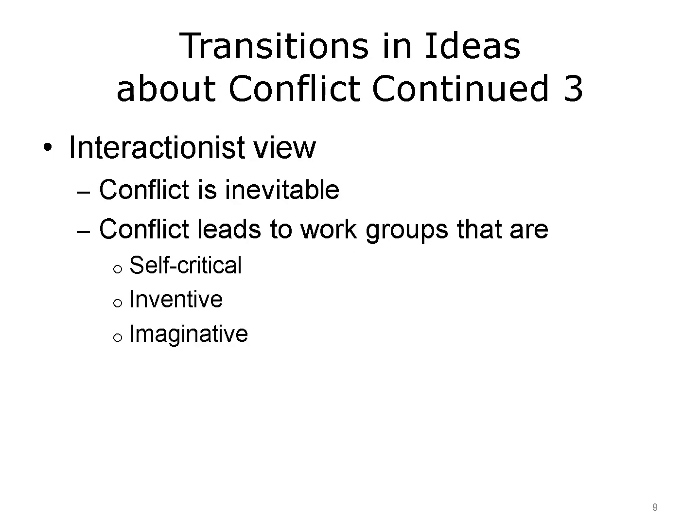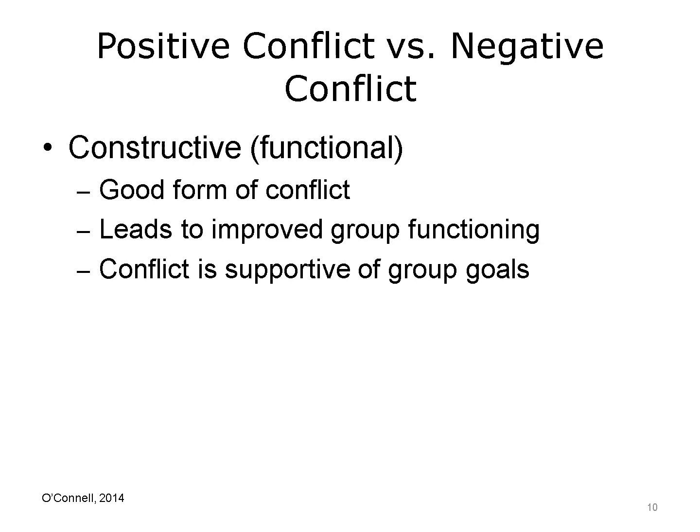Finally, we come to the interactionist view of conflict, which not only accepts conflict as an inevitable part of groups and work environments, but also is supportive of a continuing nominal amount of conflict to keep work groups self-critical, inventive, and imaginative. Although the interactionist view proposes that certain types of conflict support group goals and performance, it doesn't suggest that all conflict is good.